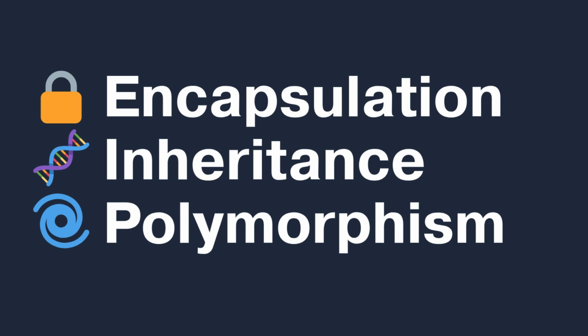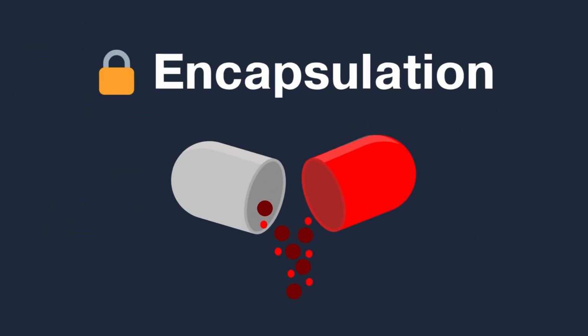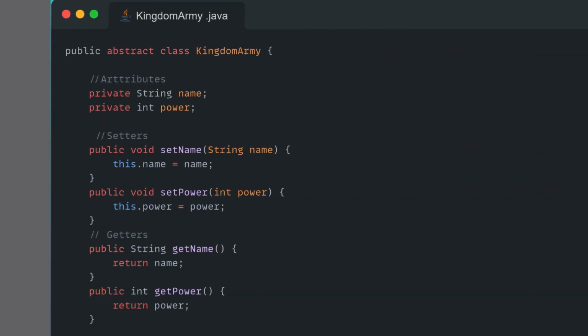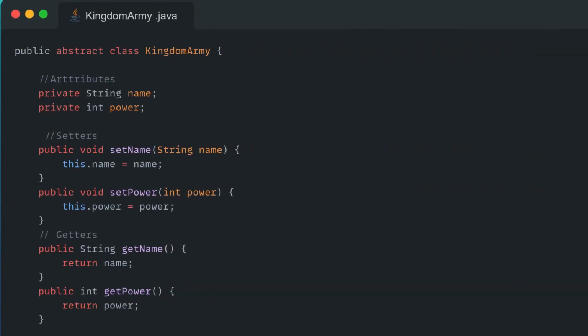First, we start with encapsulation. As the name suggests, it's like a capsule. When you take medicine, you don't access their inner ingredients directly. Similarly, a class should hide its internal state, its attributes, by making them private. So how can we access private fields like health or name?